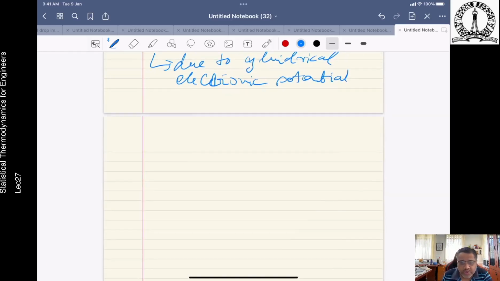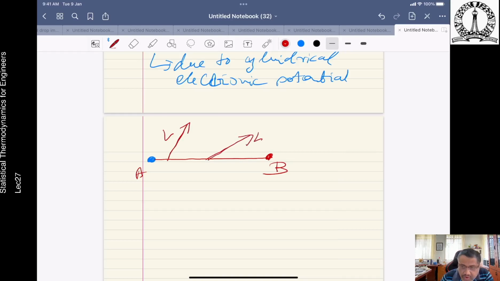Okay, so if we look at now a simple figure, say this is A, this is B, these are the two atoms. This is their internuclear distance, AB. And say this is your L, and this is your S. We are going to take electrons along this internuclear axis.